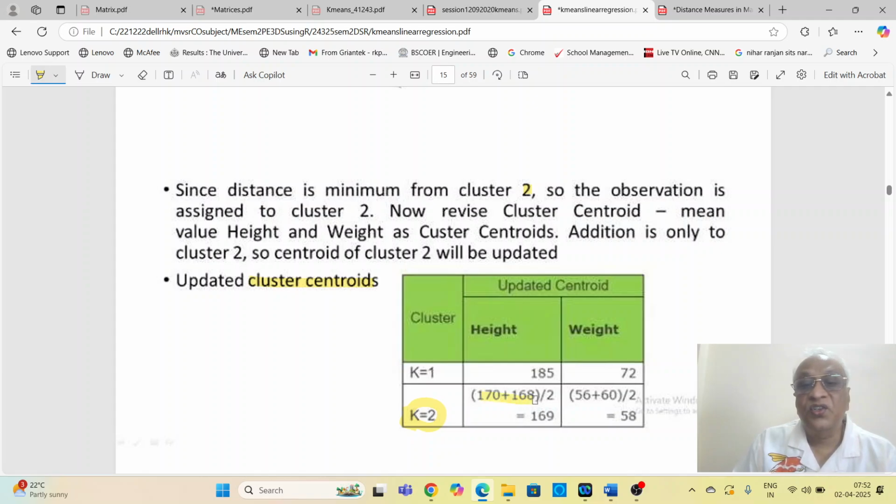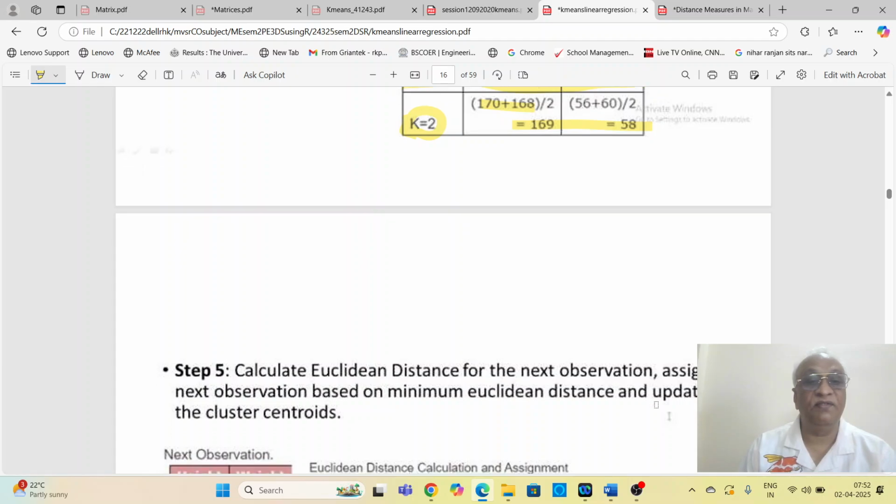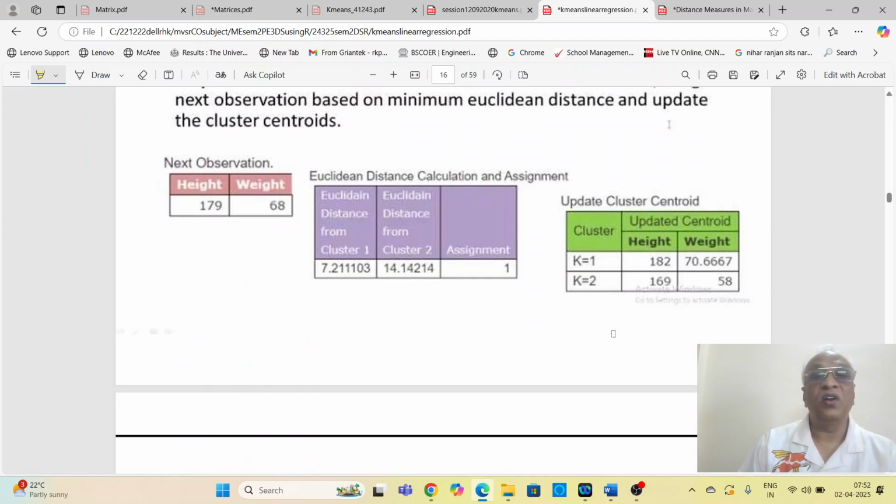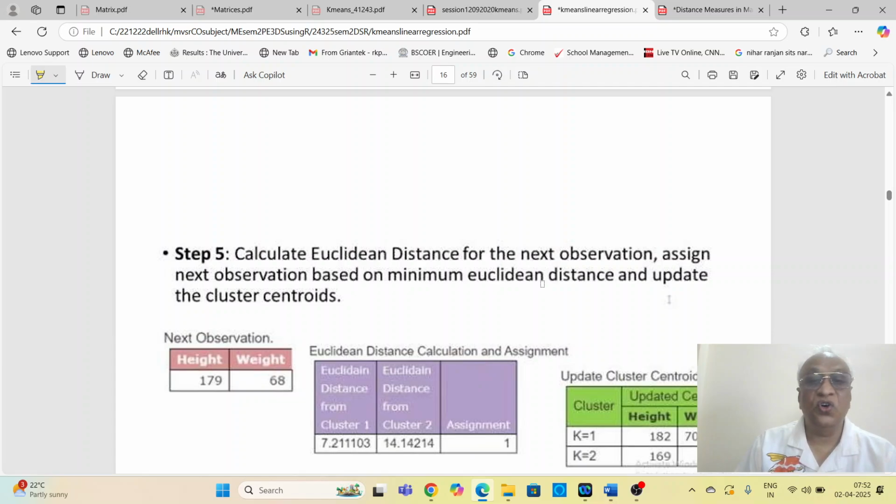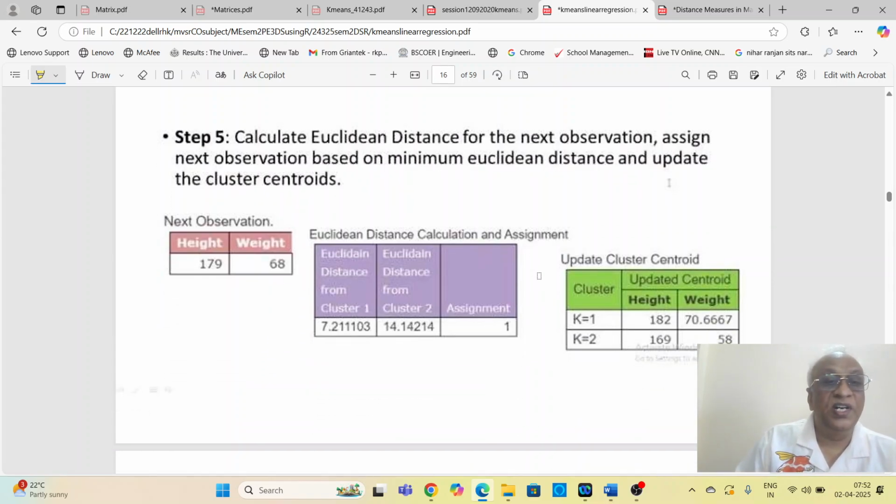By taking the average: 170 plus 168 by 2, 56 plus 60 by 2. K1 is already fixed. K1 centroid values are fixed, 185 and 72. But the revised centroid values of K2 are 169 and 58. Now, for the remaining data points also, we will be finding the minimum Euclidean distance and updating the cluster centroid.